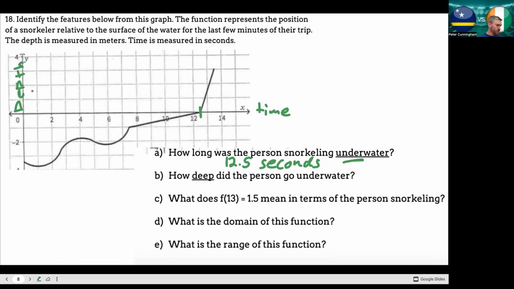Let me double check. Meters. And I shouldn't have said seconds because we're measuring time in minutes. So I stand corrected.